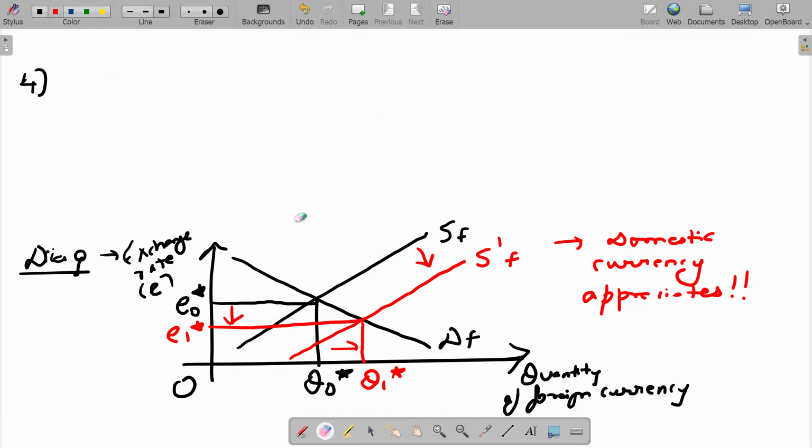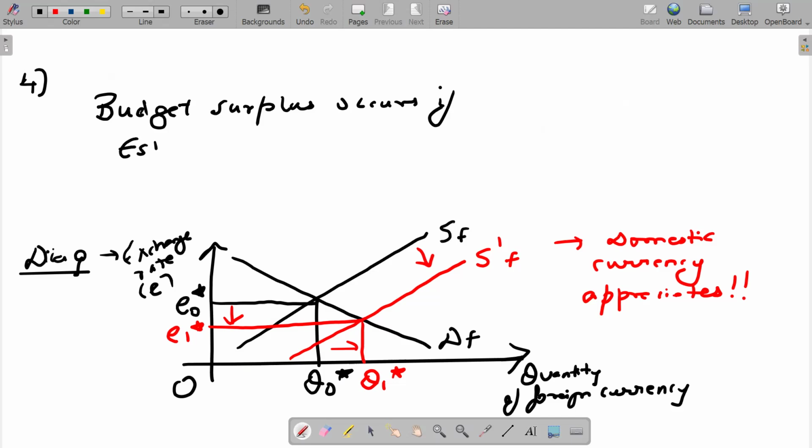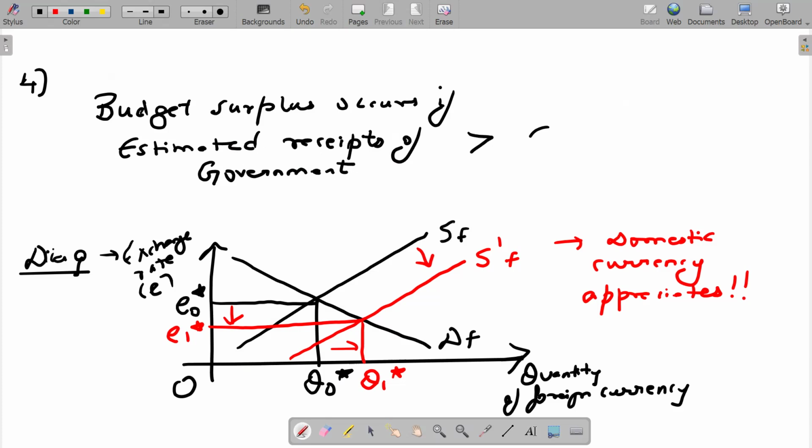So I'm writing it here: a budget surplus occurs if the estimated receipts of the government exceed the estimated expenditure of the government. Only then do we say that there is a budget surplus. A surplus in the capital account does not mean a budget surplus. So that means this is also not the option.